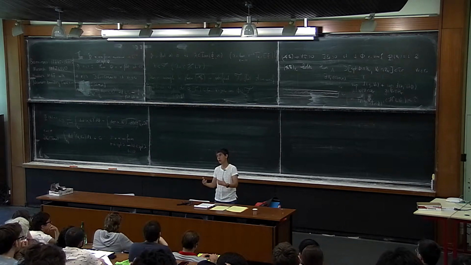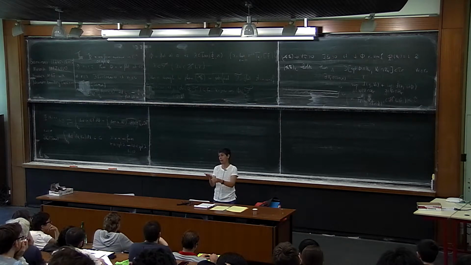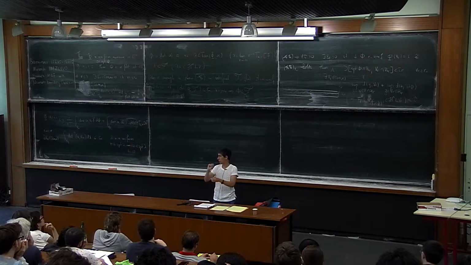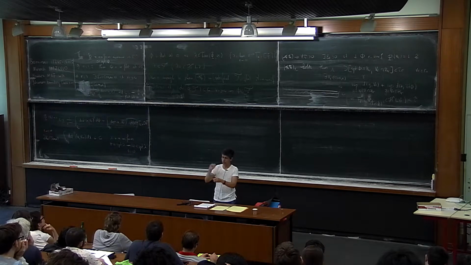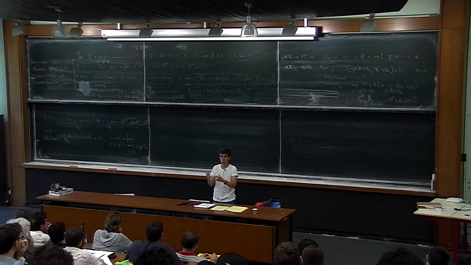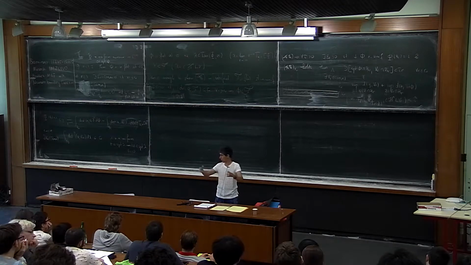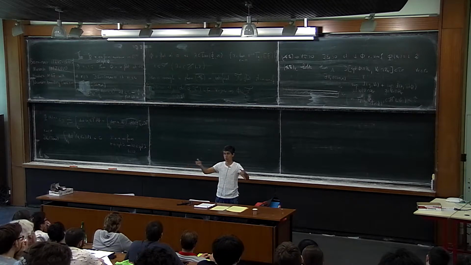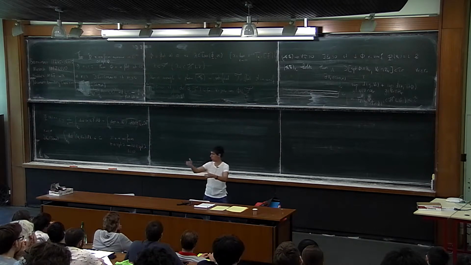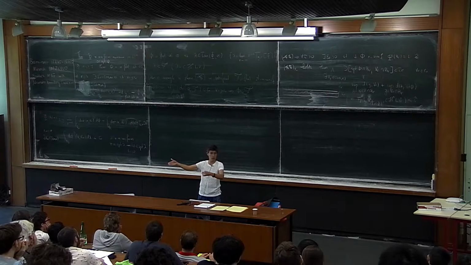You write your manifold as a graph. That's where you use the codimension 1. The graph of a real valued function is way easier to understand than the graph of a vector valued function in higher dimensions. You do your computation, and you obtain that the volume has a Taylor expansion. Since the volume is exactly equal to the first term, all the coefficients in the Taylor expansion have to be 0.